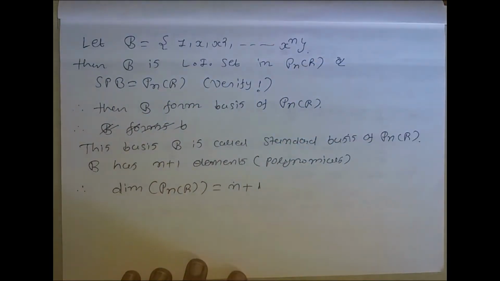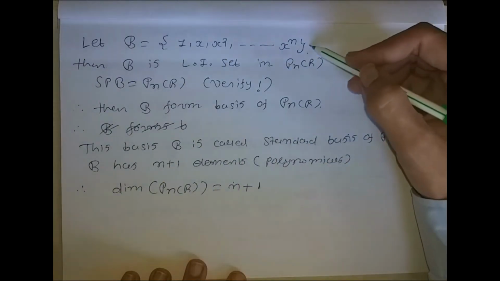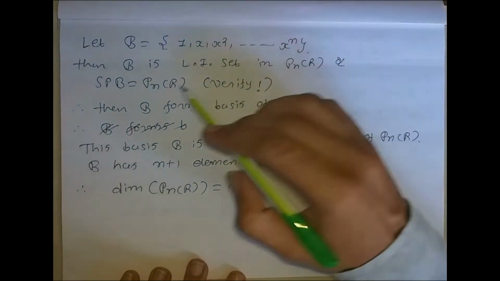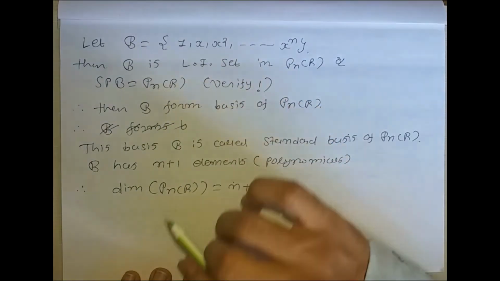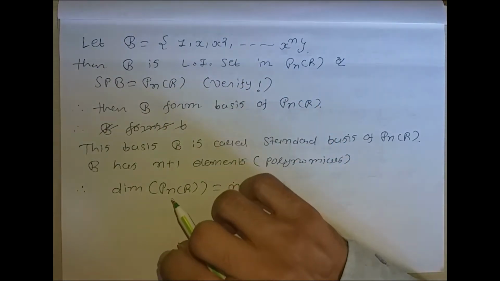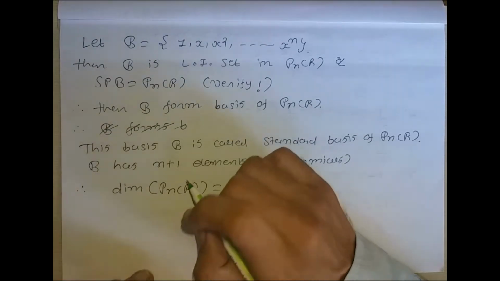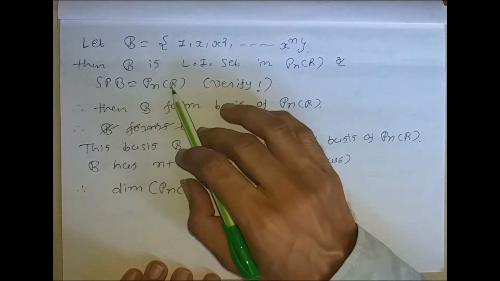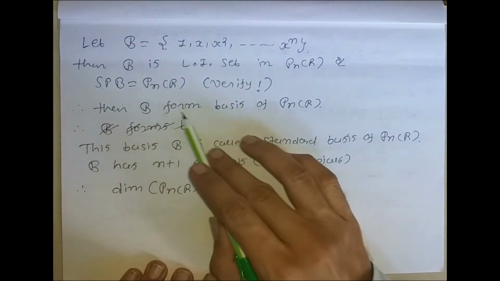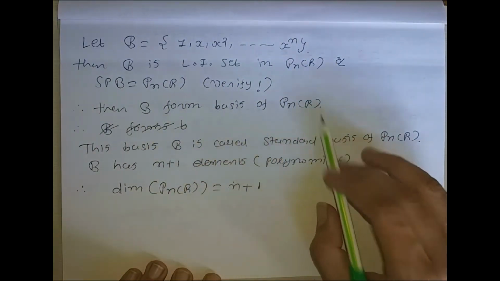This is your assignment, to check that B is a linearly independent set and the span of B is equal to Pn(R). So B is linearly independent and the span of B is equal to Pn(R). Then B forms a basis for Pn(R).